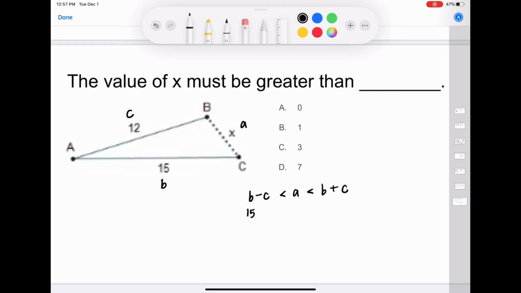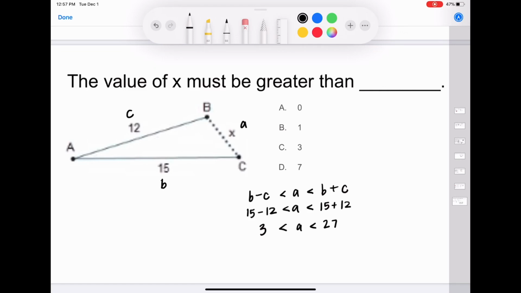15 minus 12 greater than A, also 15 plus 12. Okay, let's go ahead and put this in. 3 and 27.